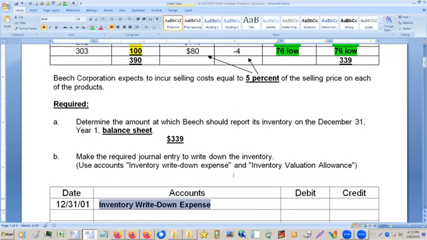Let's see. We're going to write it down from 390 to 339. Okay, so the write down is going to be $51.